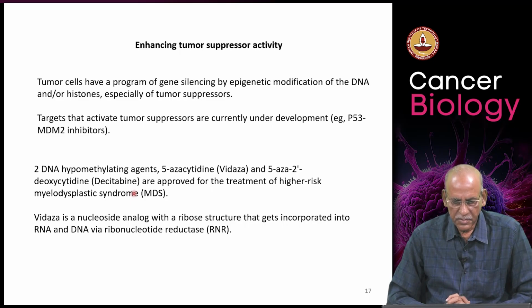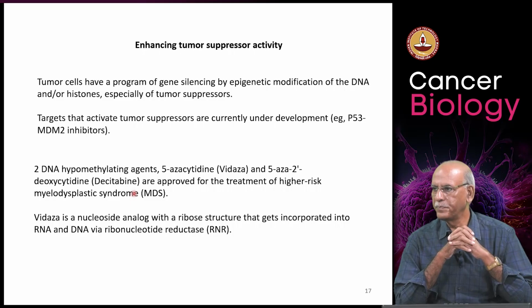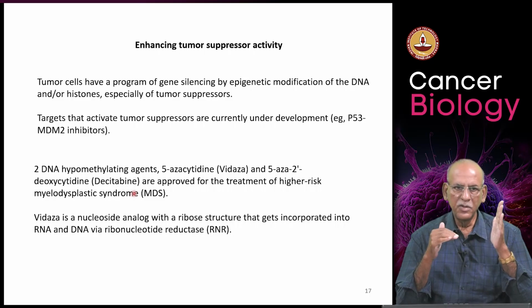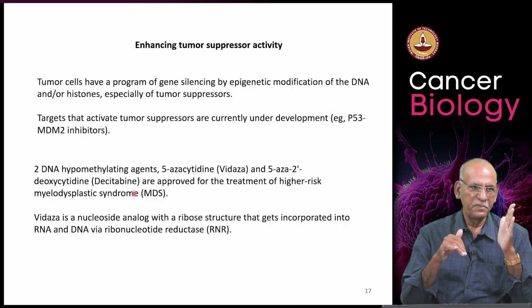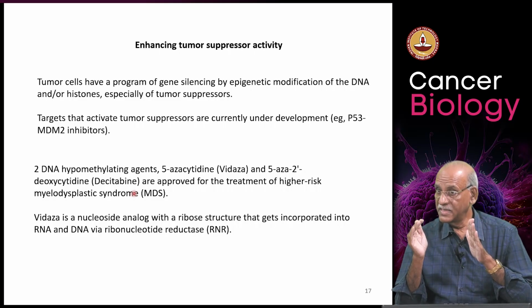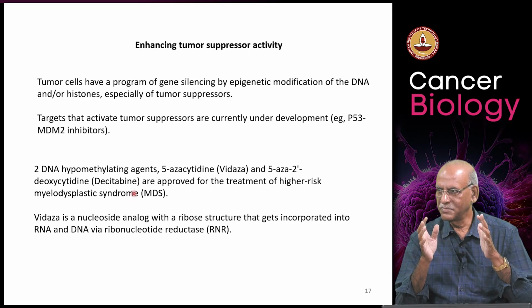So, naturally, enhancing this kind of tumor suppressor activity could be done if you interfere with the p53 MDM2 interaction, because MDM2 inhibits p53. So, if you inhibit this inhibitor, you will be activating p53, simple, because p53 is getting degraded in the presence of MDM2, through ubiquitin, the E3 ligase, all those kinds of mechanisms.